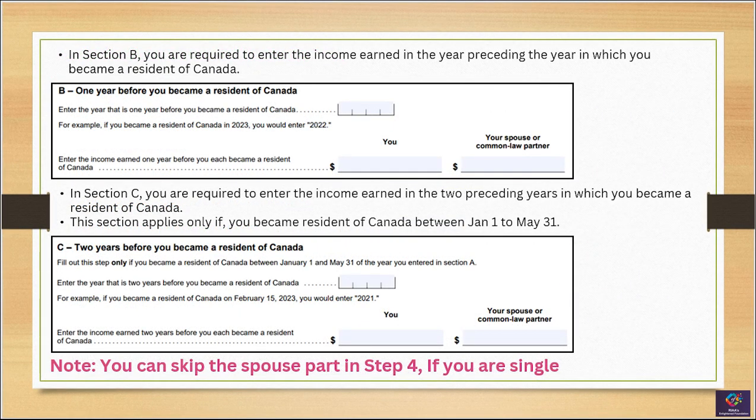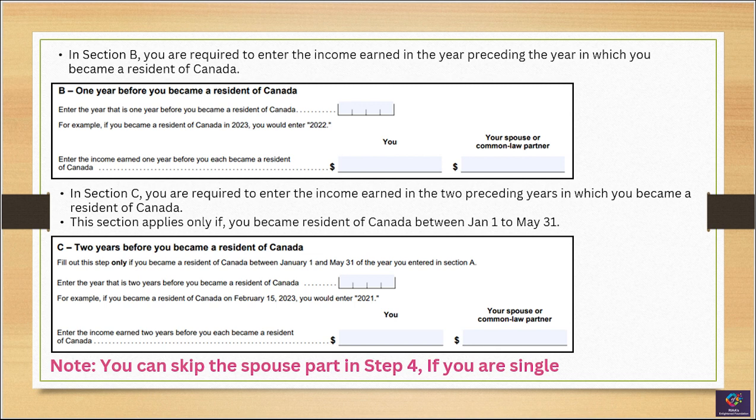In section B, you must provide your income for 1 year before you became a resident of Canada. That is, as per our example, the income earned during 1st January 2022 to 31st December 2022.